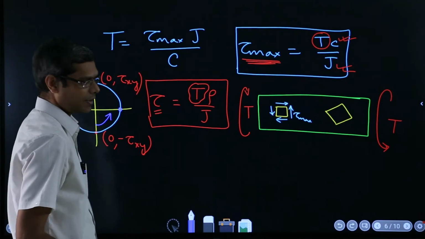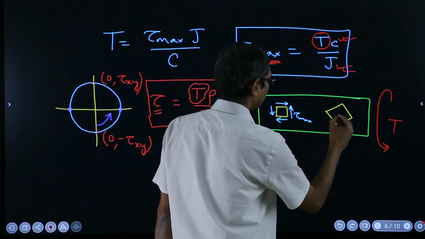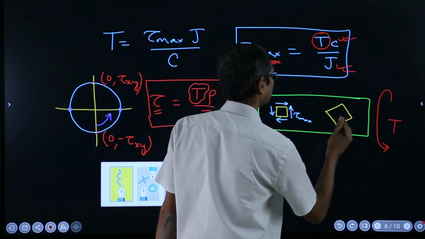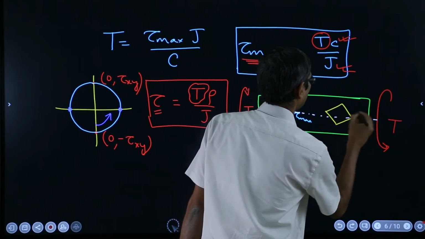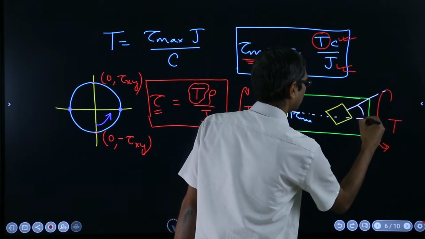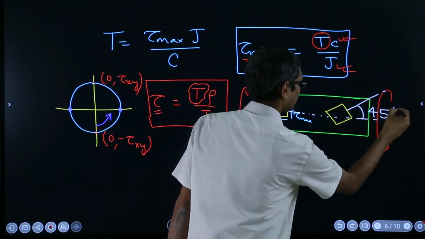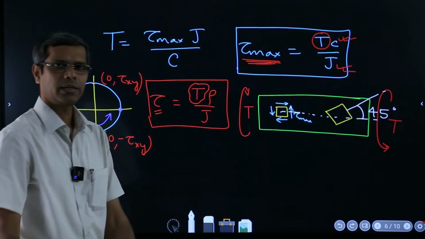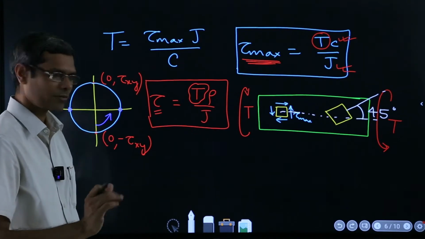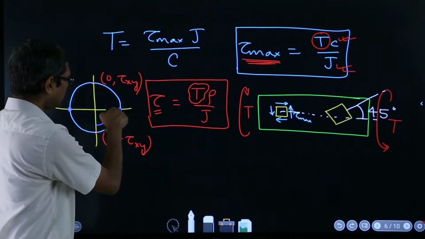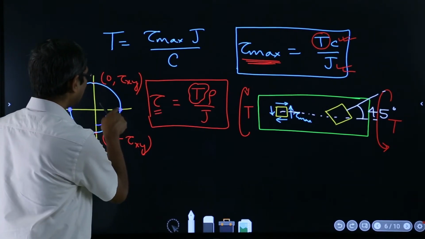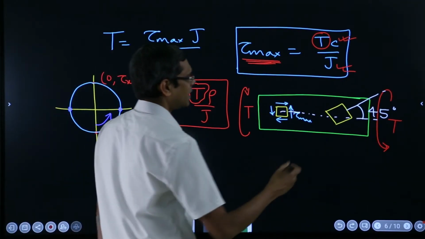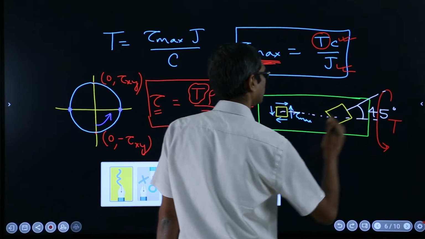That means if I turn by 45-degree, so now if I draw like this, and now this angle is 45-degree. If I turn my elemental square by 45-degree, I will reach the place where I will get the maximum tensile normal stress, and that can be shown like this.